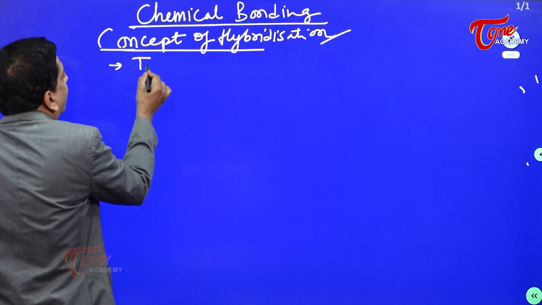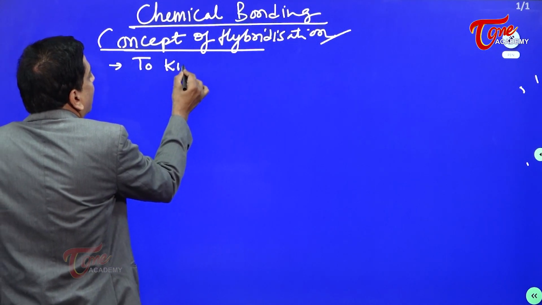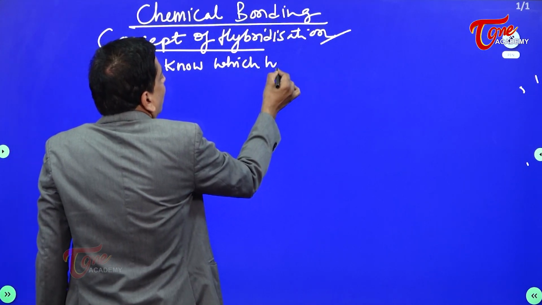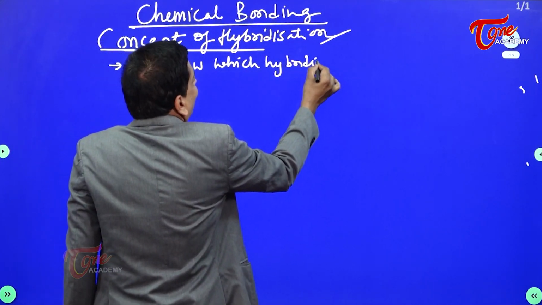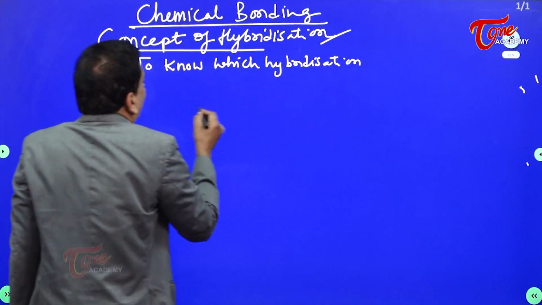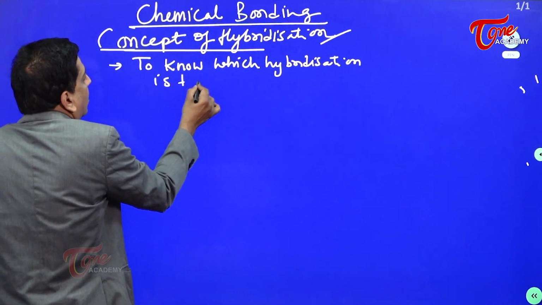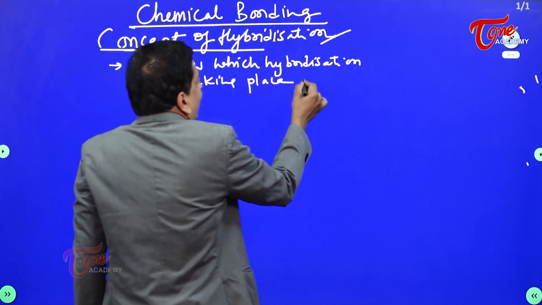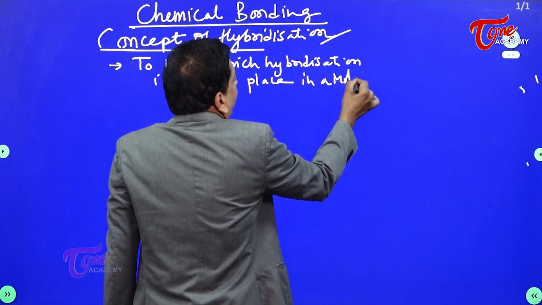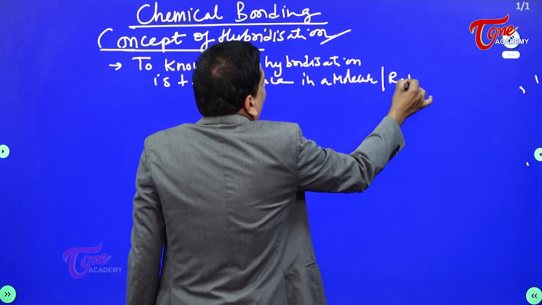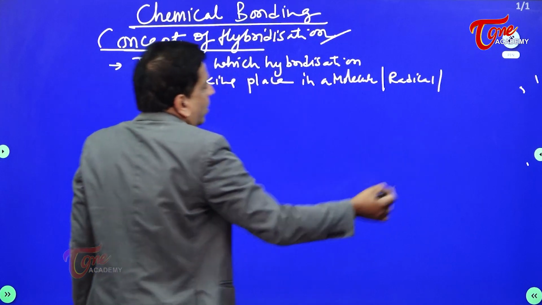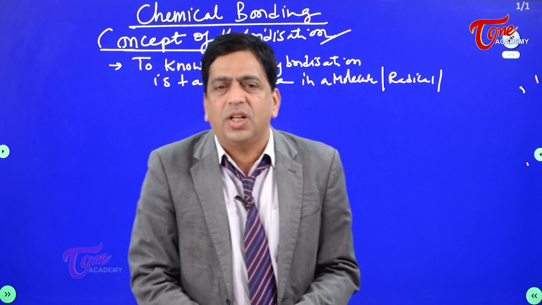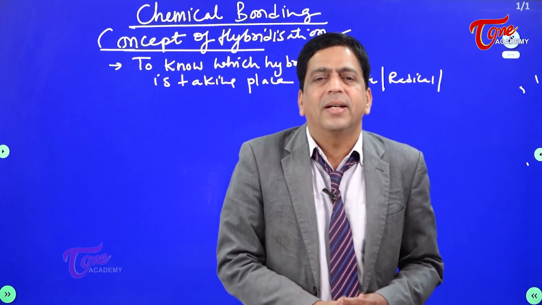To know which hybridization is taking place in a molecule, or in a given radical or any species, how do we know which hybridization is taking place in a given set of compounds?